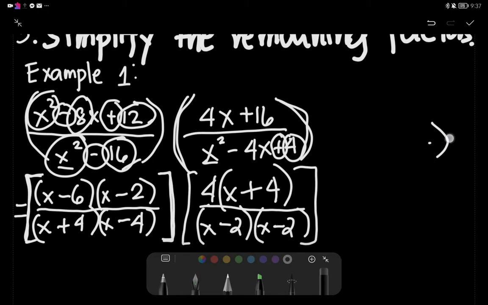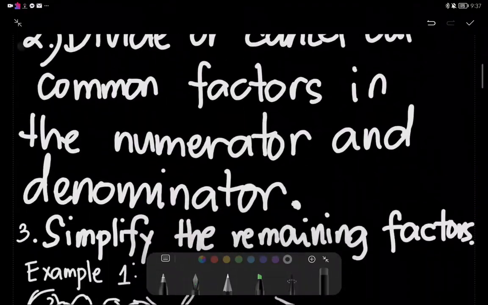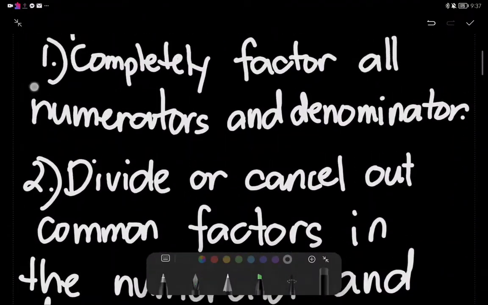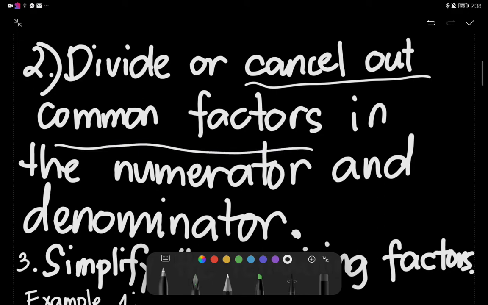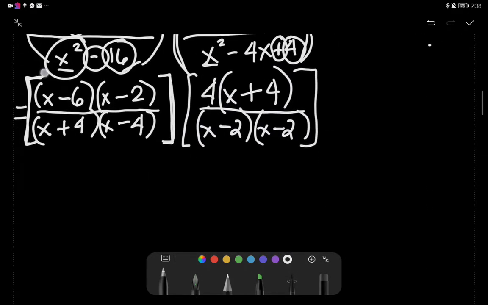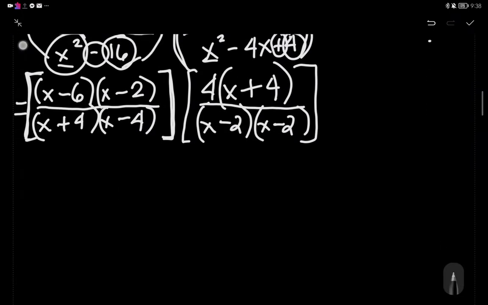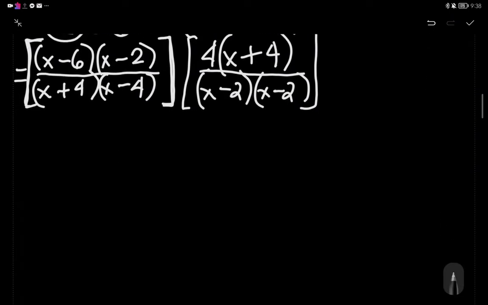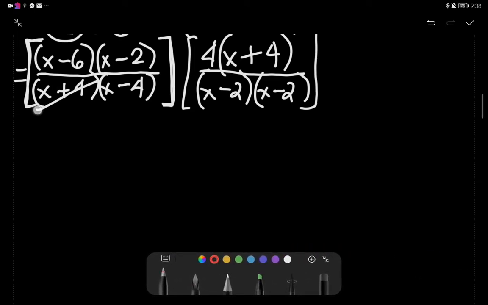Step 3 is to simplify the remaining factors. No, we are not yet done. Let's go back to step number 2. Divide or cancel out common factors, ang parihas sa numerator and denominator. Now, let's look at example number 1. Ang parihas, diara, si x plus 4. Let's use another color to specify x plus 4 and x plus 4.